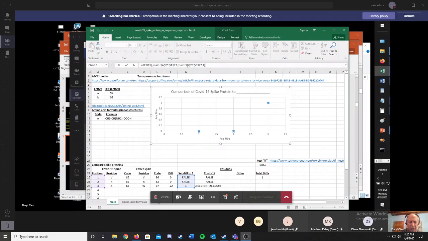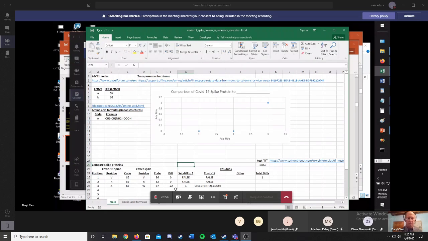So the Y values come from G25 through G27, which here is false, false, 0, and false is equivalent to 0 here in computer lingo. So we have a 0, and a 1. So anytime there's a difference, we want a 1. You don't want like a 22 or a minus 18 or something. We want to set, anytime there's a difference, we want it to equal 1.